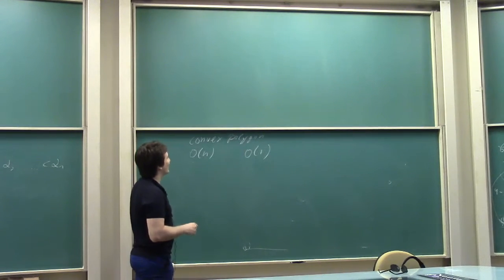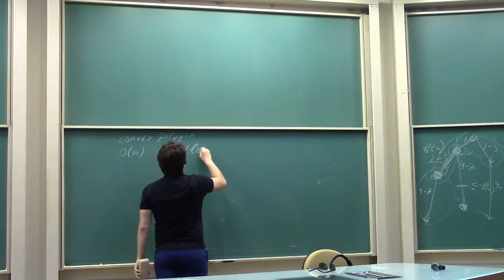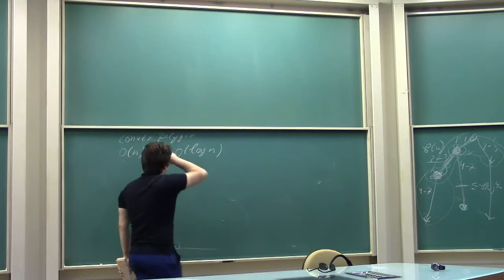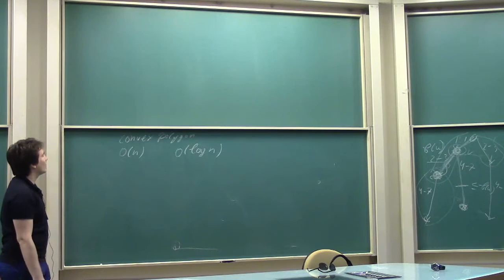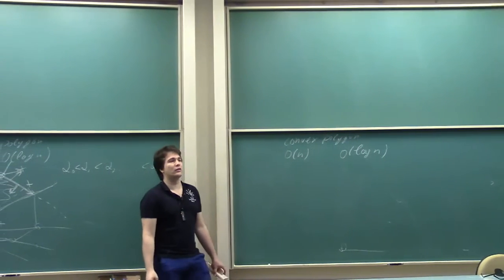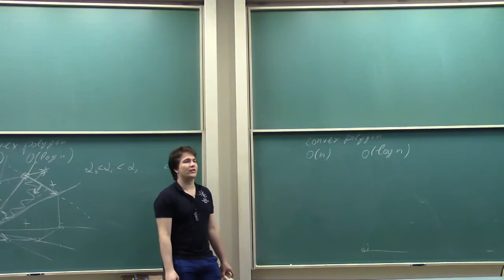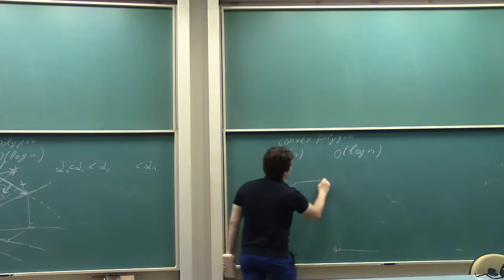Oh, good point. That doesn't seem to be the log time. I want to be able, given the line, to answer whether the line crosses the polygon, and if it does, what are the crossing points? Intersection points, sorry.